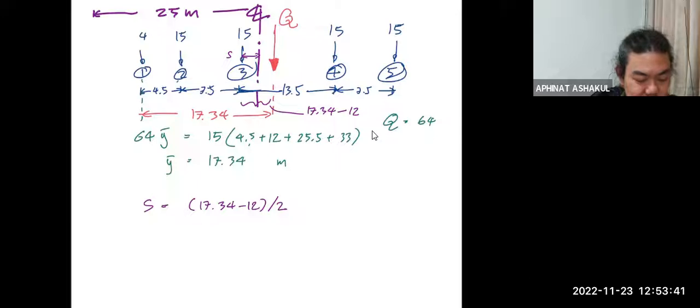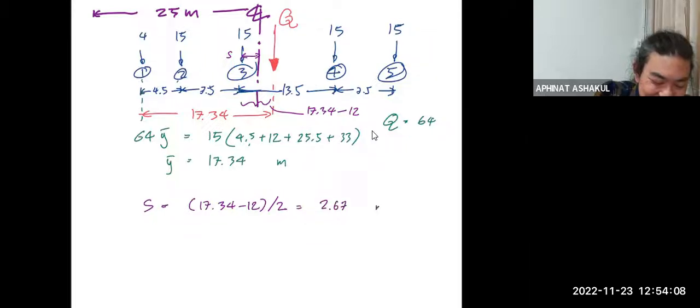It's like 2 something. 2.67. So now we know load number 3 is 2.67 meters off the center line.